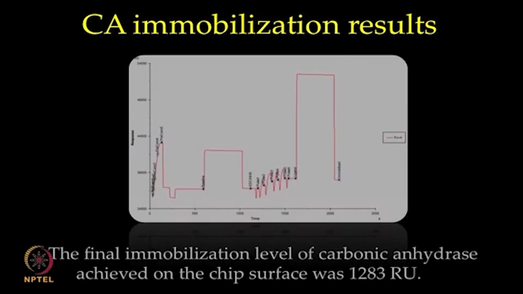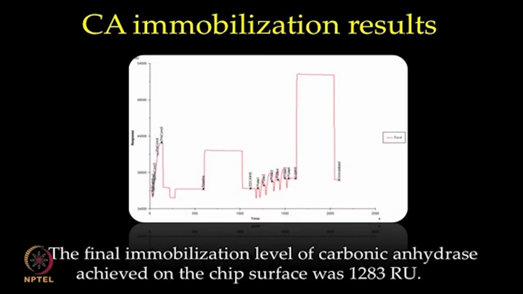Since it is recommended to use lower immobilization levels for kinetics assay compared to screening assays, we targeted an immobilization level of 1500 RU for carbonic anhydrase. As shown in the figure, the immobilization procedure resulted in a final immobilization level of 1283 RUs.